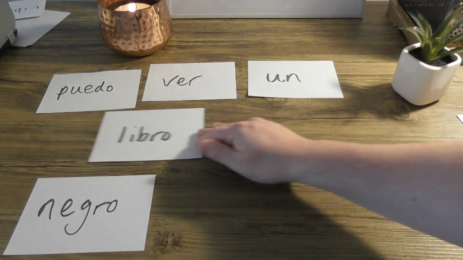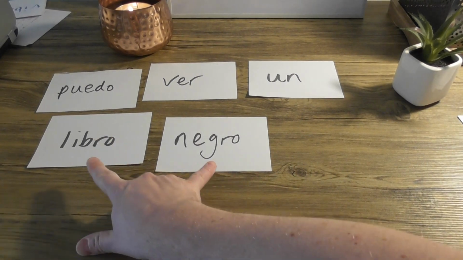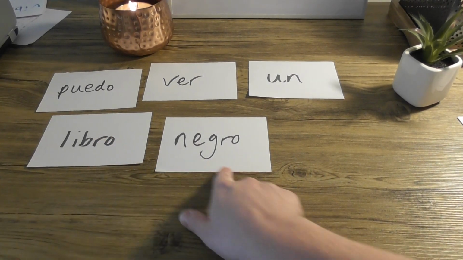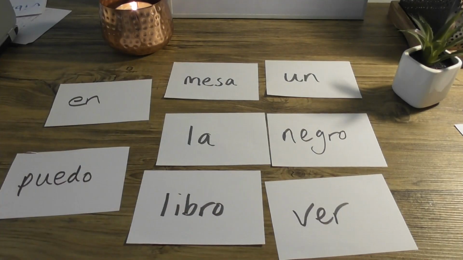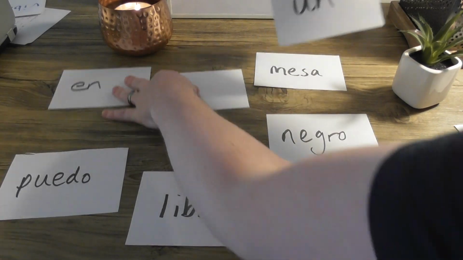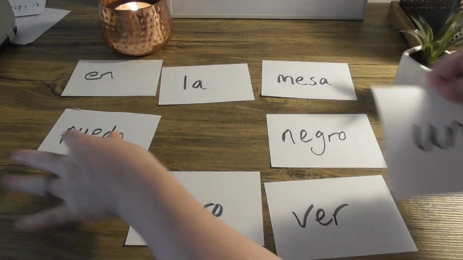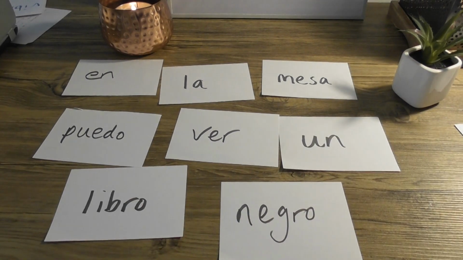Puedo ver un libro negro. I can see a black book. Hopefully you got the word order right. Remember we say book, black, noun followed by adjective. Y otro. En la mesa puedo ver un libro negro.